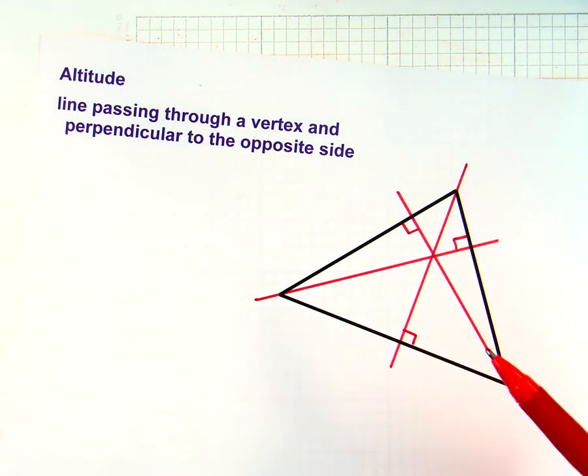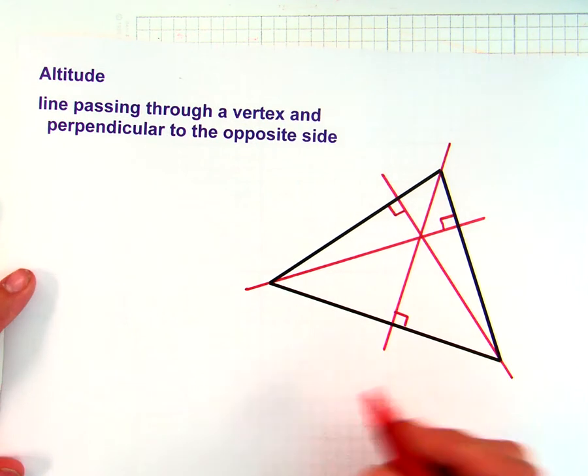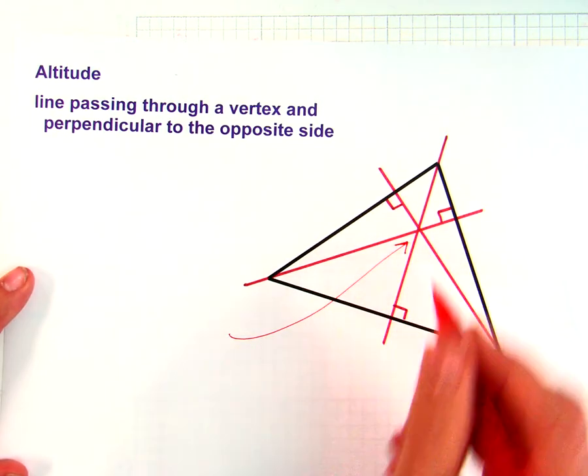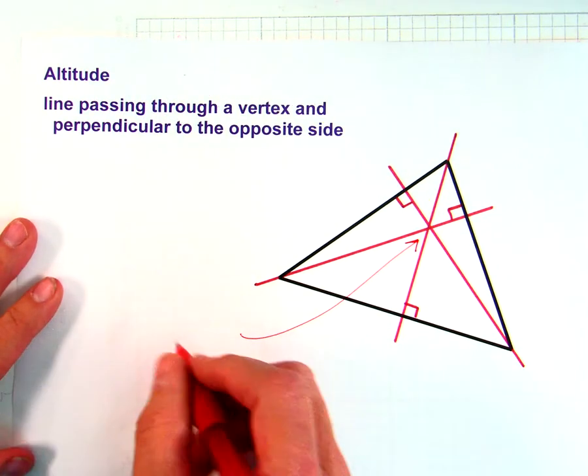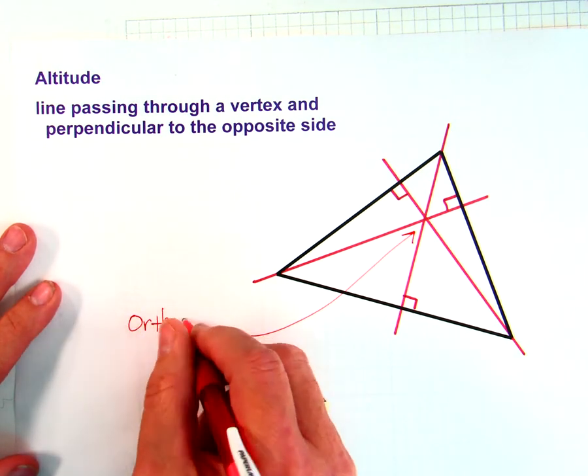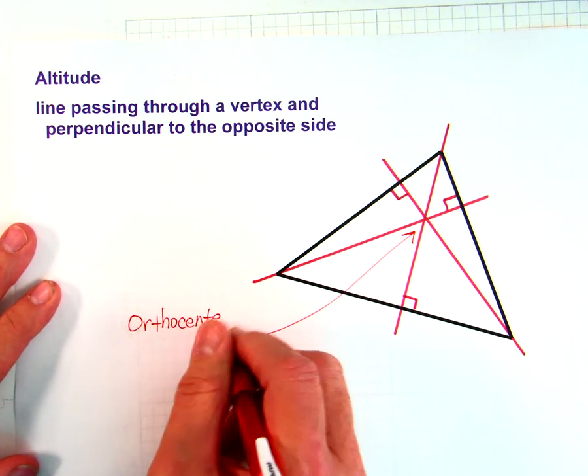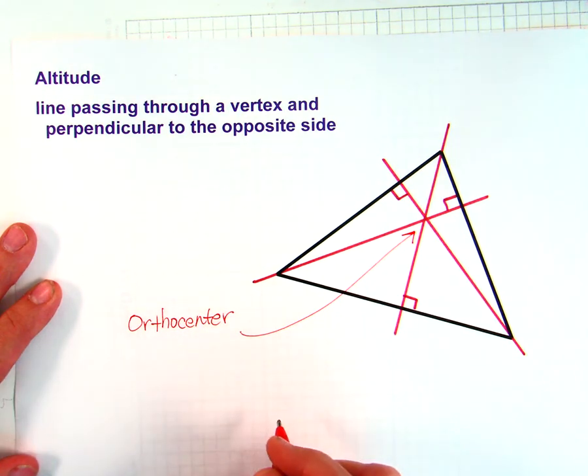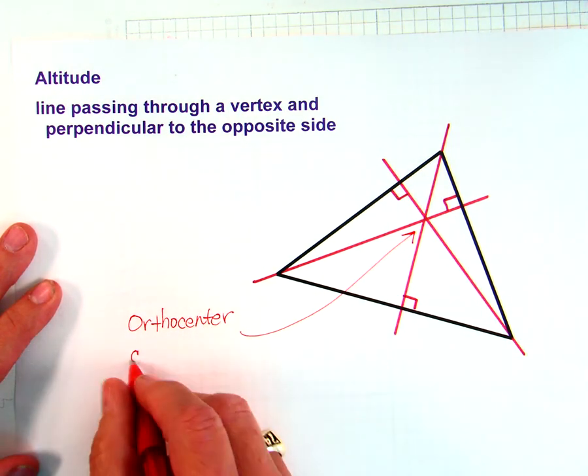The concurrency, which is right here in the middle. This is the orthocenter, and it is the concurrency of altitudes.